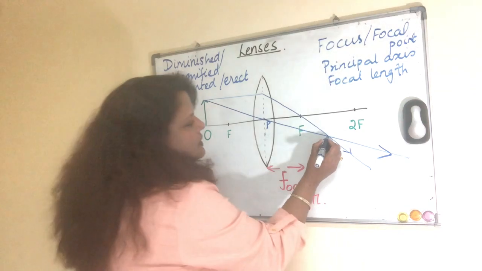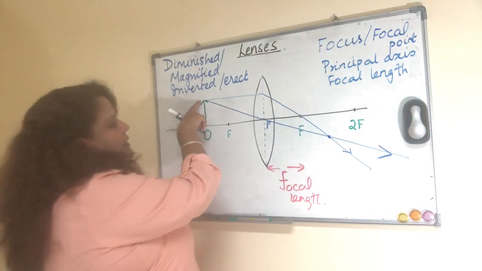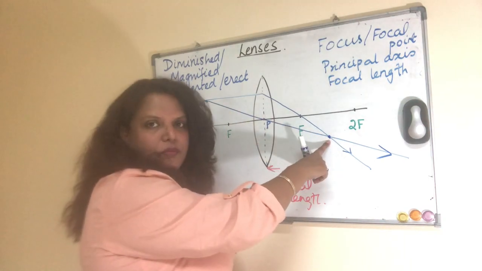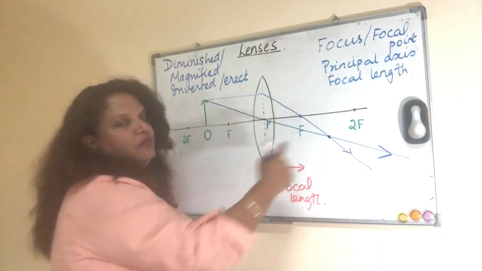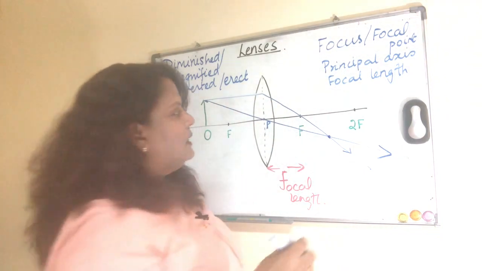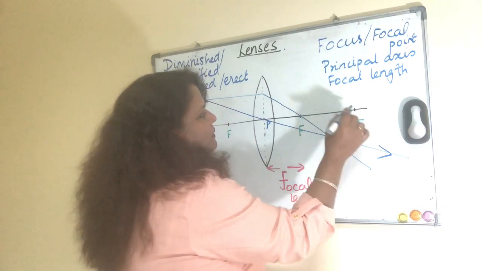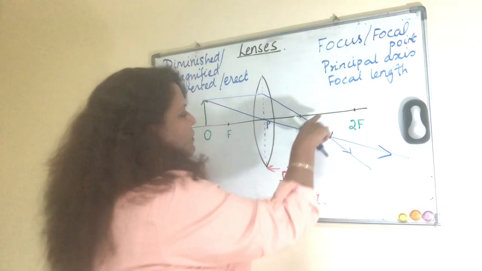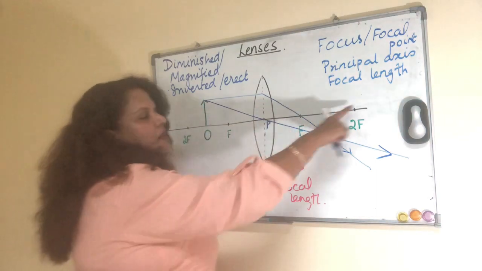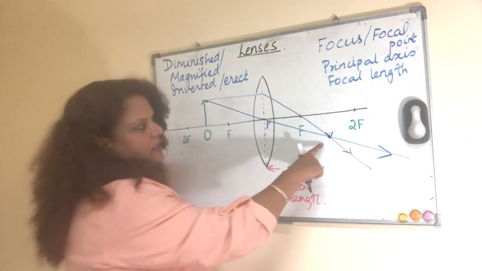Okay, now this is the meeting point. So since I have started with the tip of the object, this meeting point represents the same point of the image. Alright, the same point of the image. So the arrow is here. You have to always drop or finish off the object till the principal axis. So don't leave it like this here.